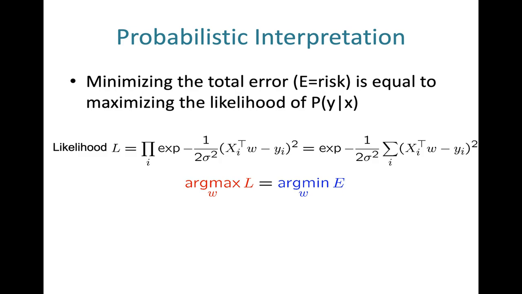That other way of optimizing is by looking at the maximization of the likelihood of p(y|x). What does the likelihood of p(y|x) mean? Basically, it maximizes how close the distribution of the errors is to a Gaussian distribution.